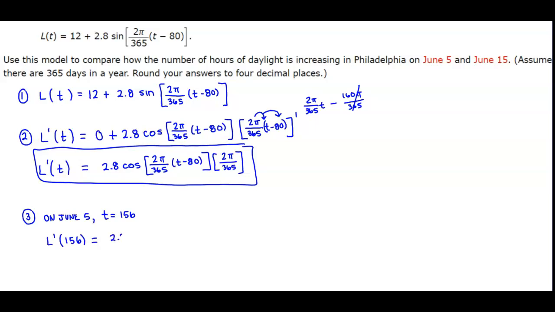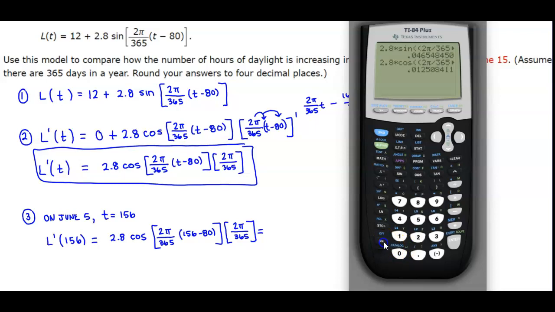We have 2.8 times the cosine of 2 pi over 365 times 156 minus 80, times 2 pi over 365. And then we're going to round that to 4 decimal places.